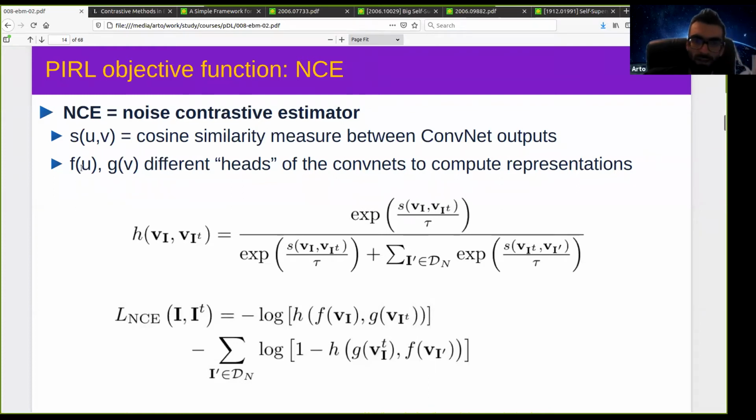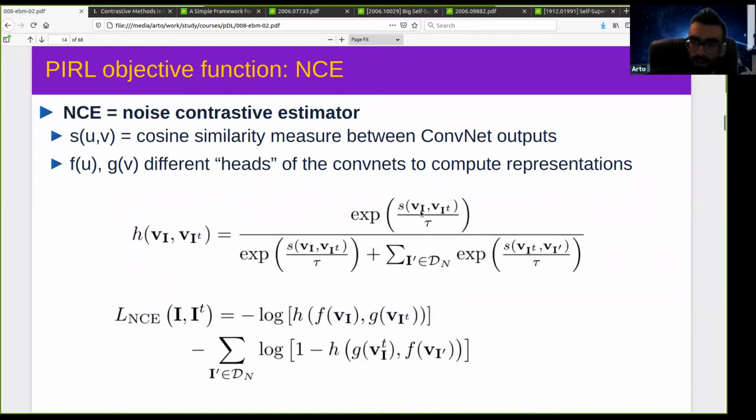So here you can see that we have two heads, and we use a cosine similarity as a similarity measure. And you can see that here is a temperature parameter. And this is a softmax-like function, this h here.